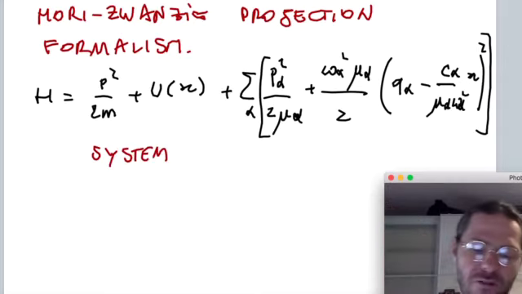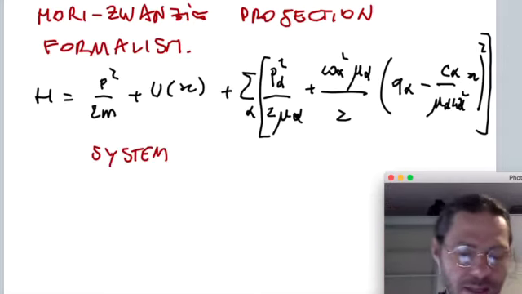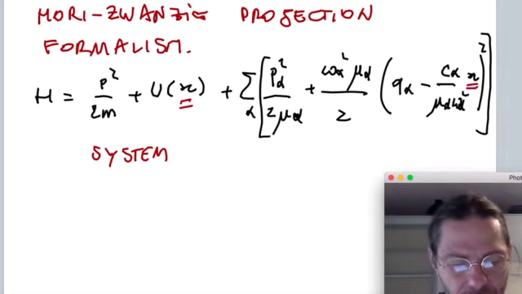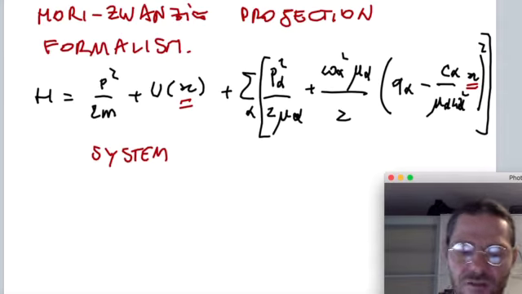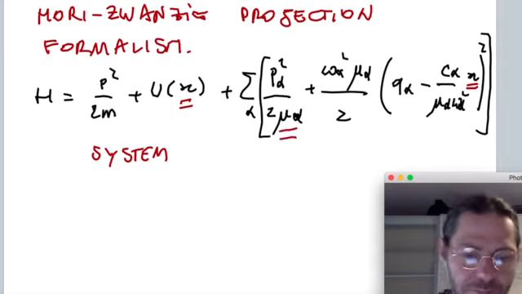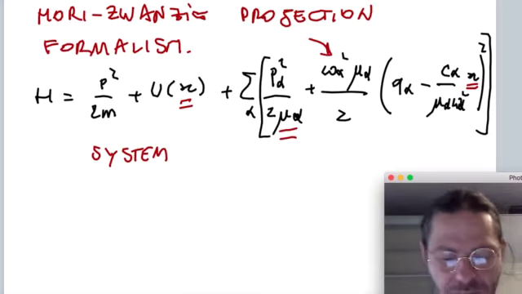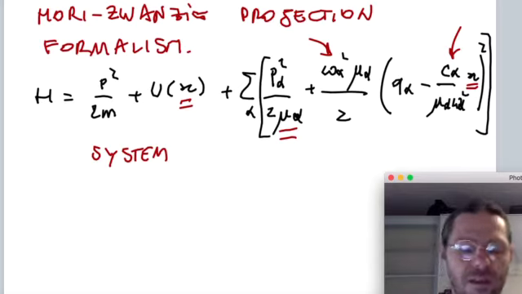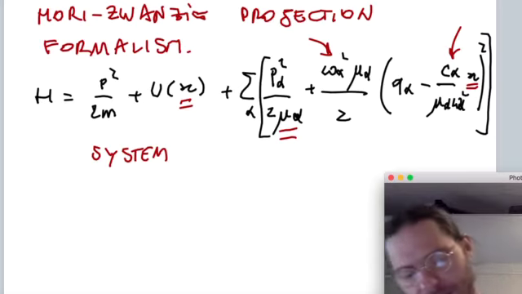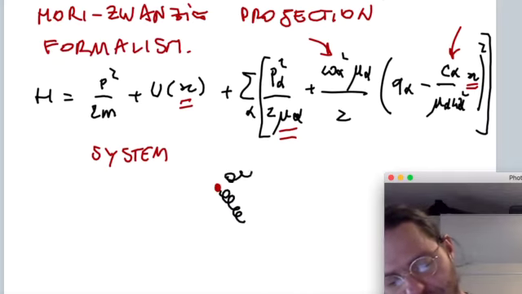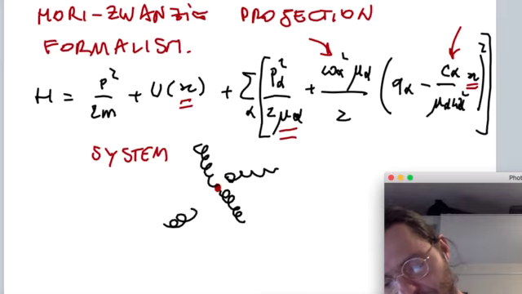It's a subset of variables in my Hamiltonian, and this subset of variables, x, is also linearly coupled to a collection of harmonic oscillators, each of which has its own mass mu alpha and its own frequency omega alpha, and there is a coupling constant between the two dictated by this C alpha. So it's really like I take my particle and attach to it a bunch of harmonic oscillators.